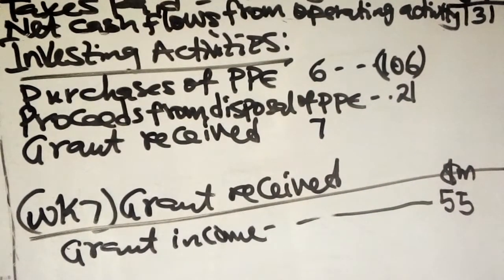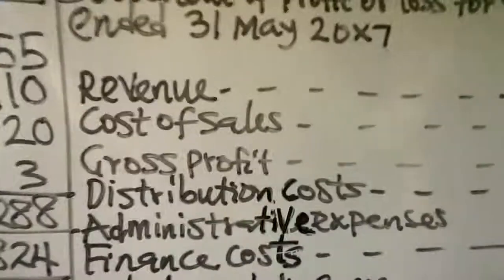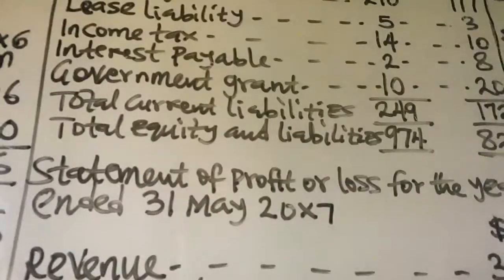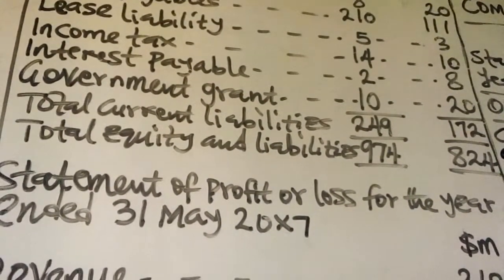Grant income of 55 million. If you go through your current liability, you will see grant there. In your current liability, government grant, the opening is 20 and the closing is 10.